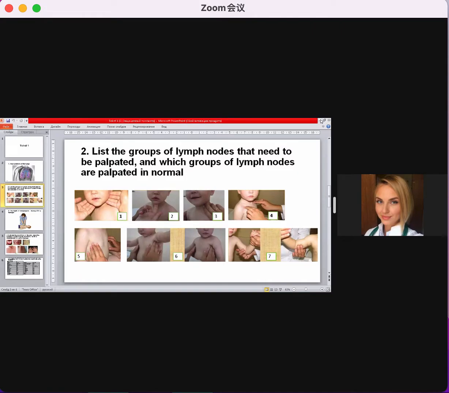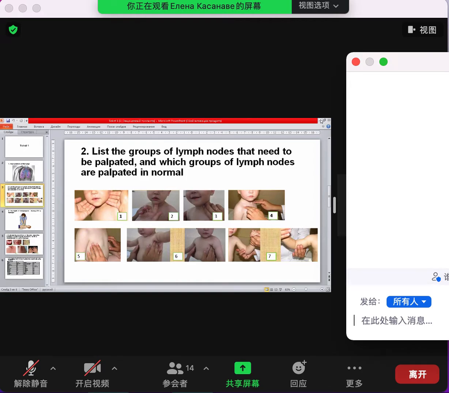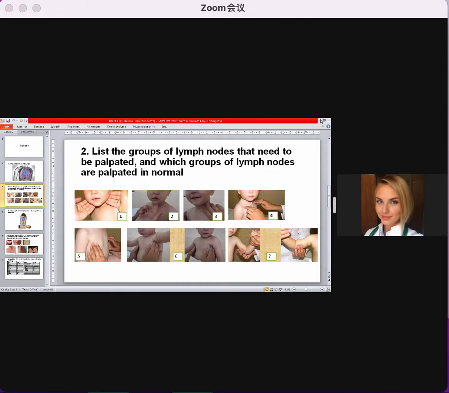So systolic. Doctors, what do you think about the formula to calculate the blood pressure, systolic blood pressure? Systolic is 90 plus 2 n, where n is the age of the child.